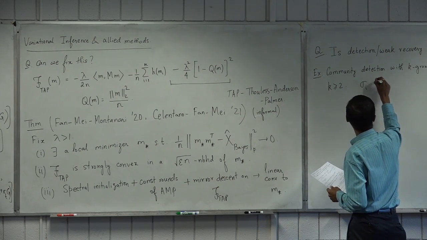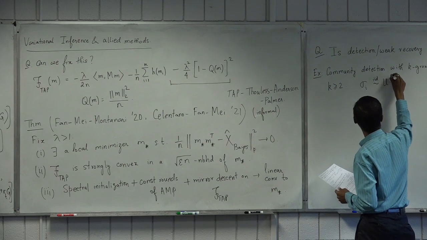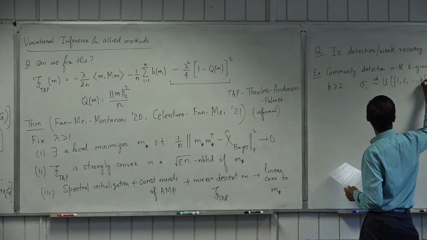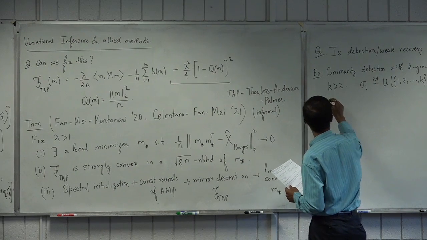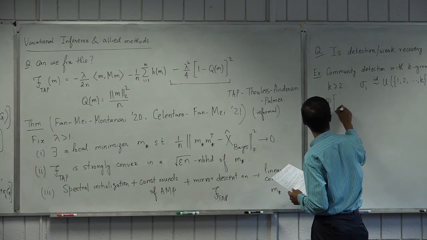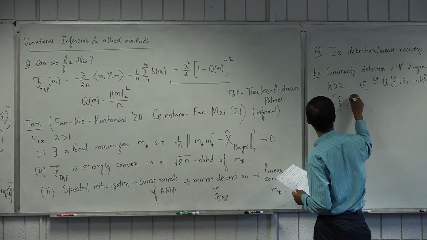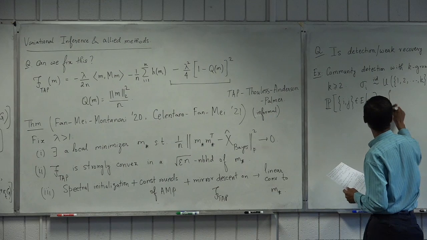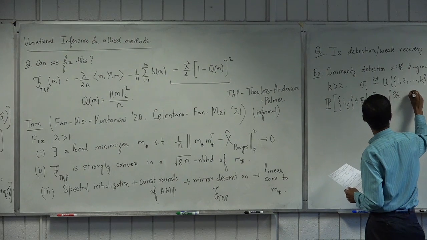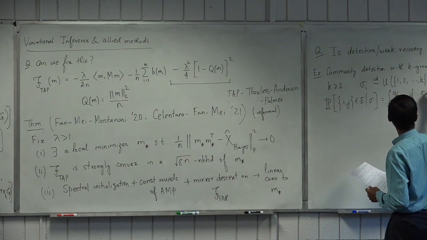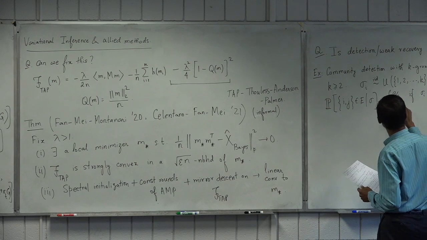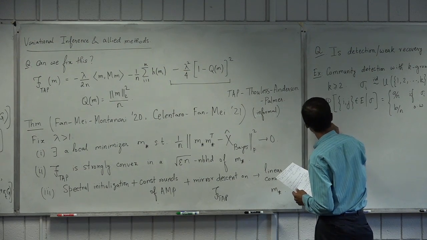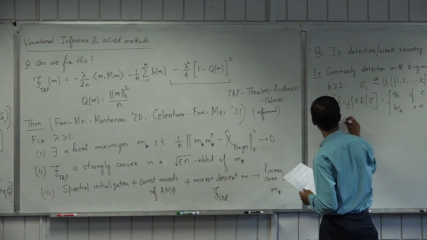Now my sigma i's are IID uniform on 1 to K, and my probability of having an edge depends on whether the labels agree.